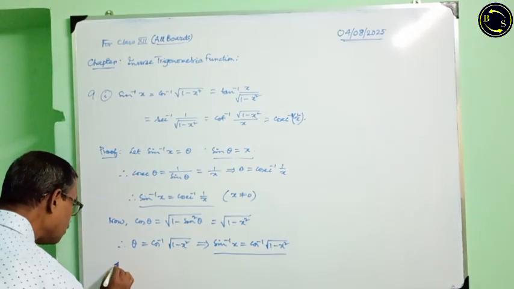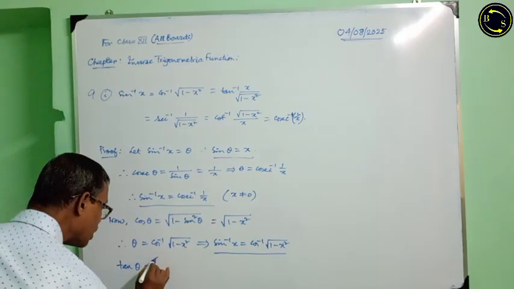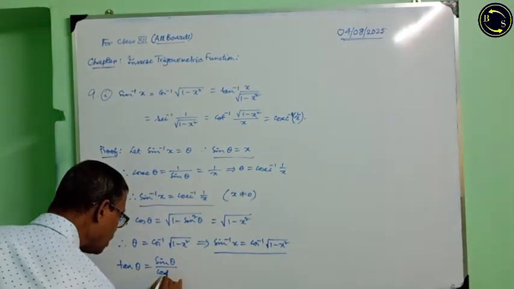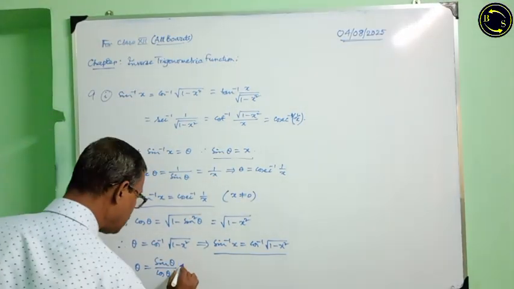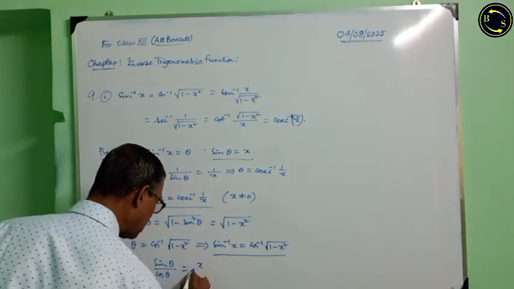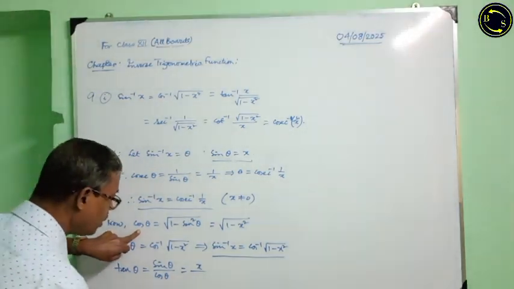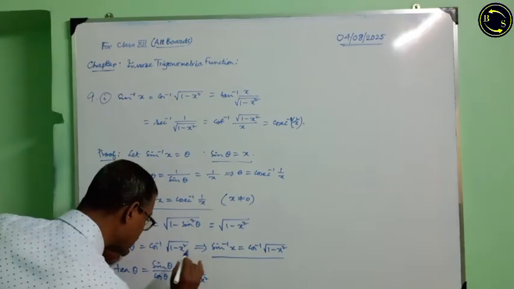Then tan theta, that is equal to sine theta by cos theta. Now sine theta is x, and already we have deduced cos theta equal to root over 1 minus x square.